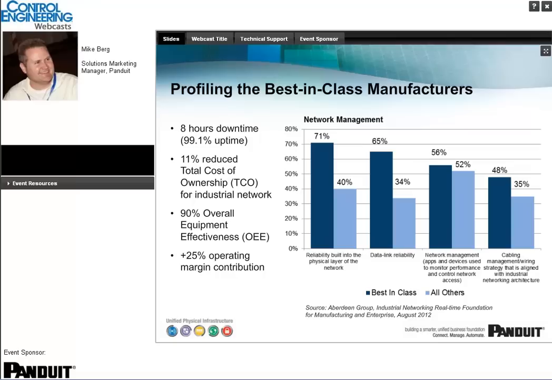So very, very strong contributions there. And the point here with this slide is that the infrastructure is very critical to meeting those performance goals, and that using a good methodology can provide results.